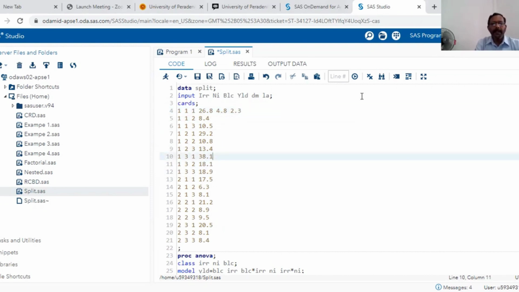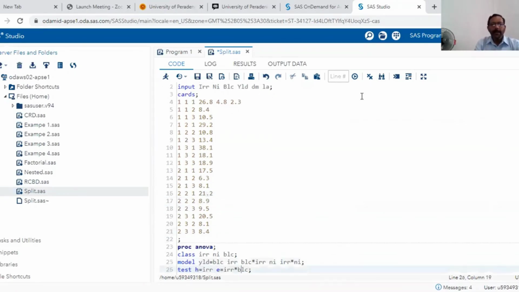After entering, in one shot we can do the ANOVA for all. We don't want to enter the data separately. You enter the data in the setup, and then do the analysis. Here I simply say yield, dry matter, leaf area.